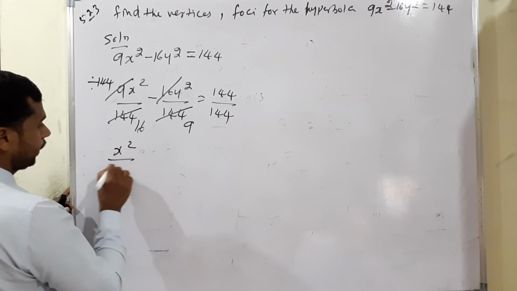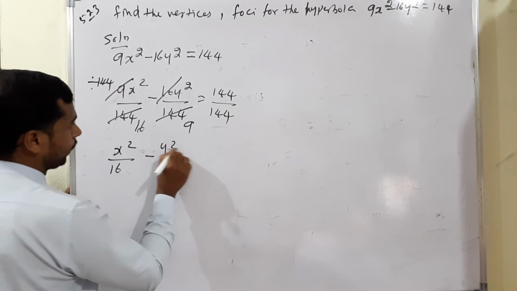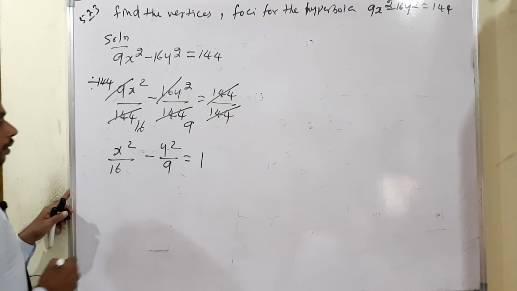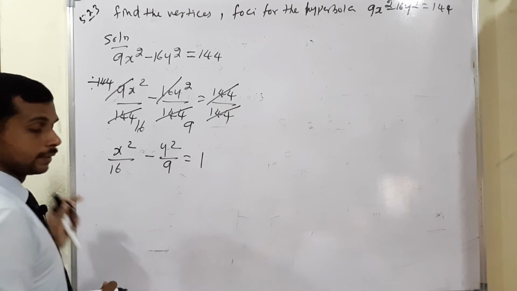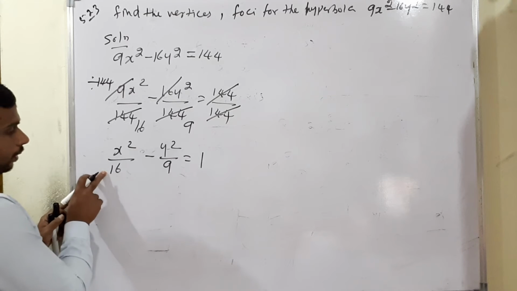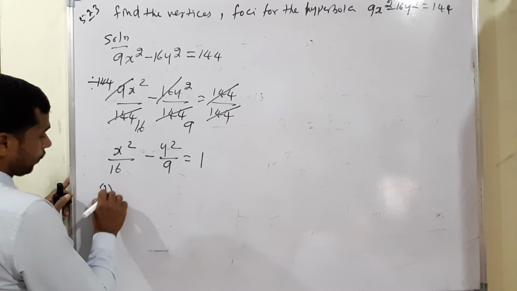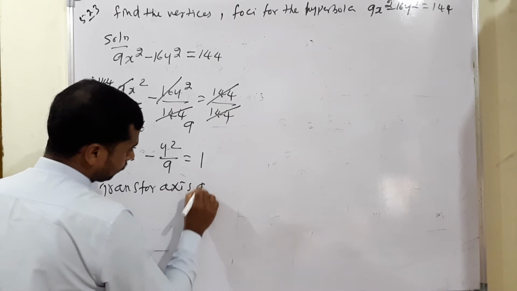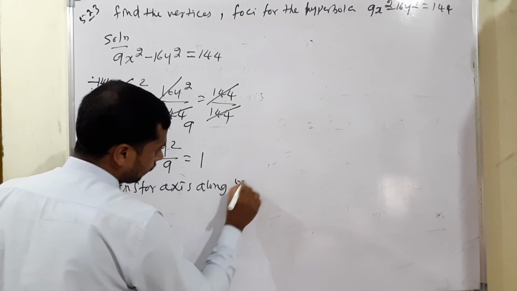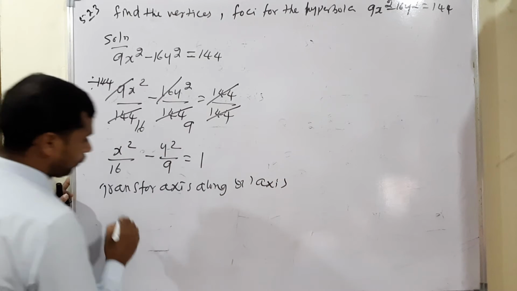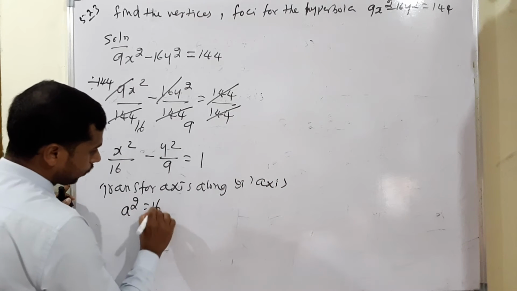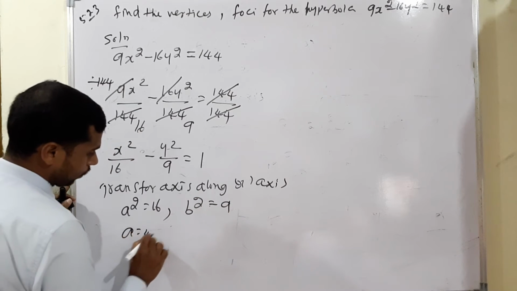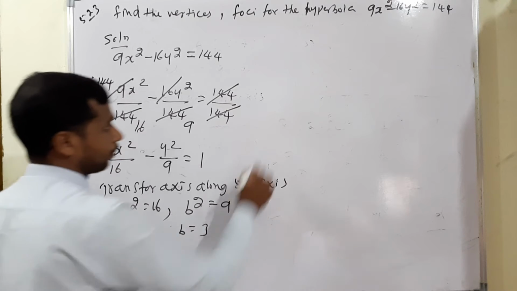Therefore, x square divided by 16 minus y square divided by 9 is equal to 1. This is transverse axis along the x axis, isn't it? Because the greater value is under x. Therefore, a square is equal to 16 and b square is equal to 9. Therefore, a is equal to 4 and b is equal to 3.